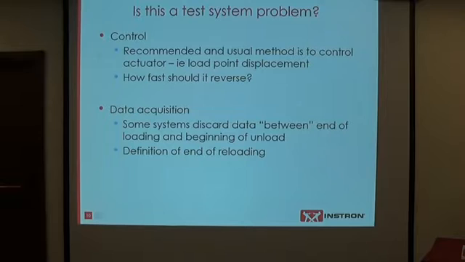That's something that you wouldn't want to do, and I was not happy with that data set, but I chose it as an example of what can go wrong. Also, when you define the end of reloading, what I didn't show you on that chart is, do you choose your maximum load as the true maximum or the point you start unloading from? All of these things are building up an uncertainty.